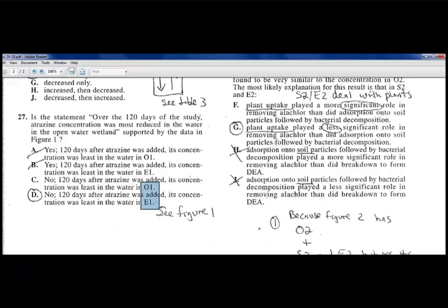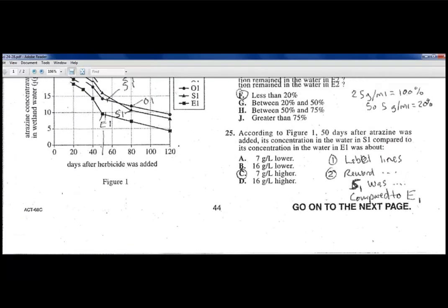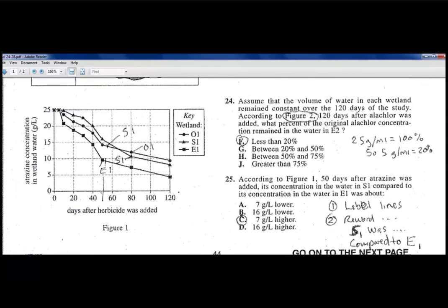Go back up here. Take a look at figure 1 again. Remember, we're looking for concentration at 120 days. Here is O1 here, and here is E1. Where was it the least? Well, O1 was the most.